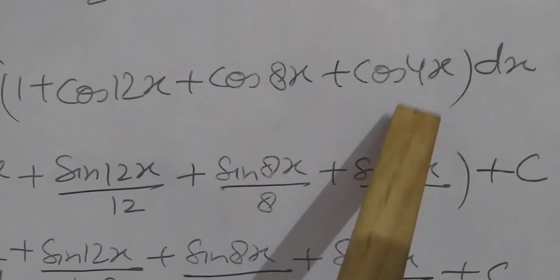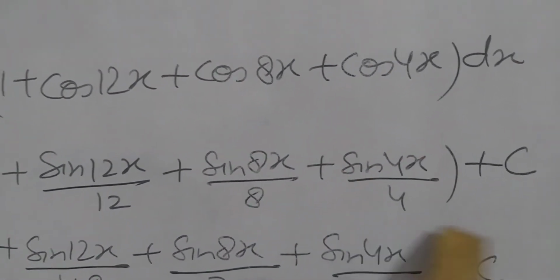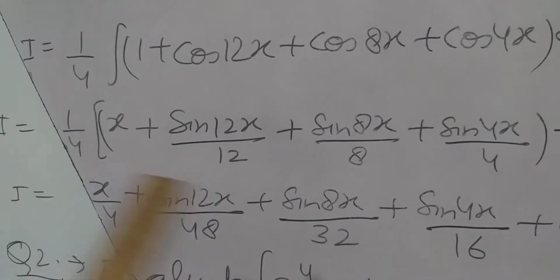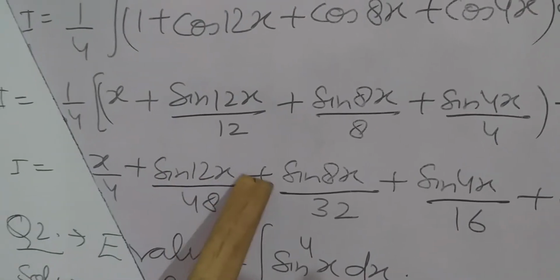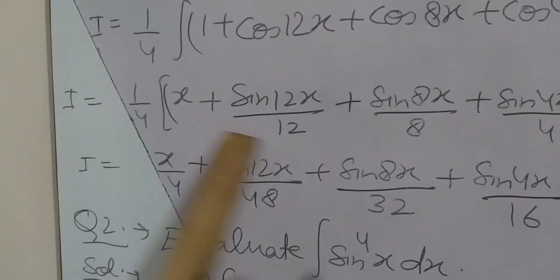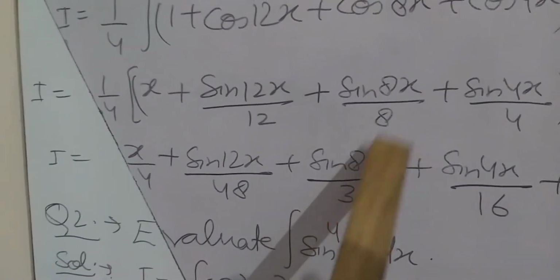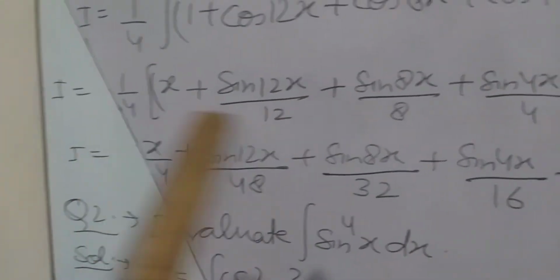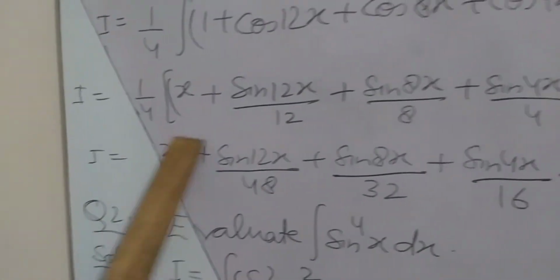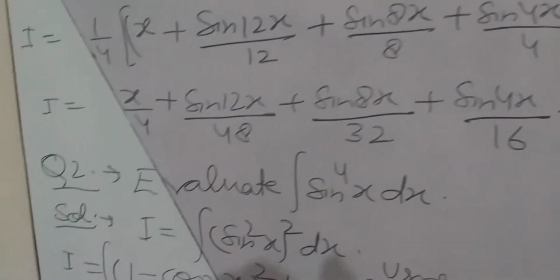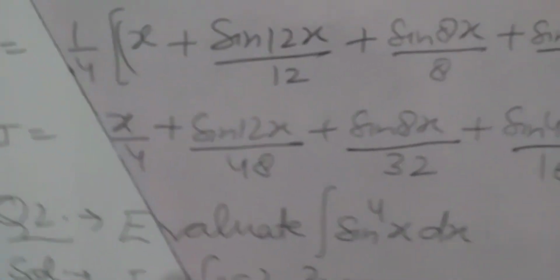Similarly, its integral sin 4x upon 4 plus c. Let us open the bracket. So it will become x upon 4 plus sin 12x upon 48. 12 times 4 is 48. Sin 8x upon 32 and plus sin 4x upon 16 plus c. So this is the answer.